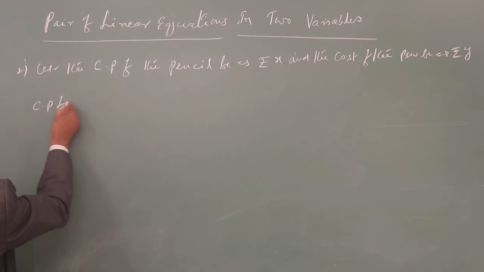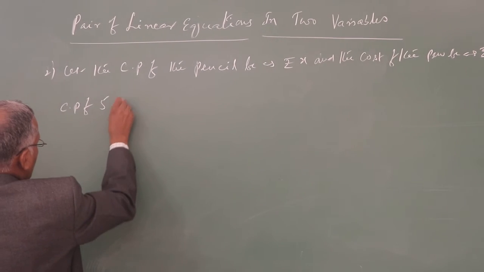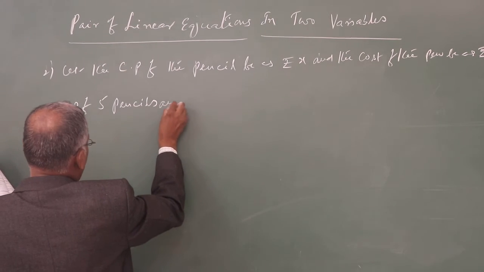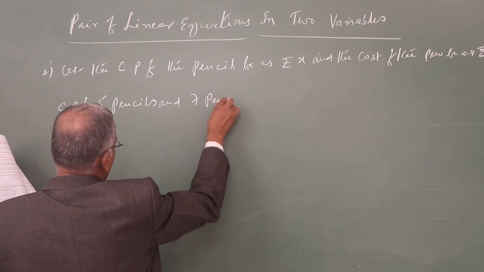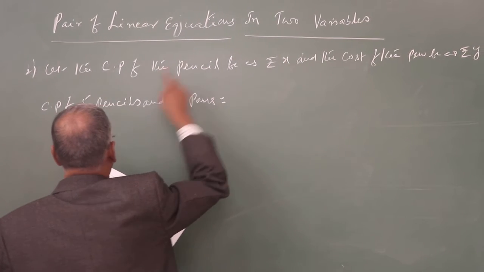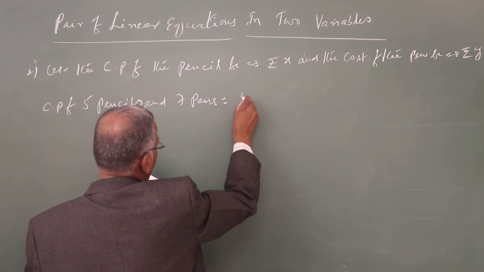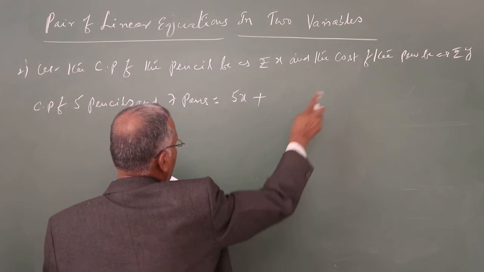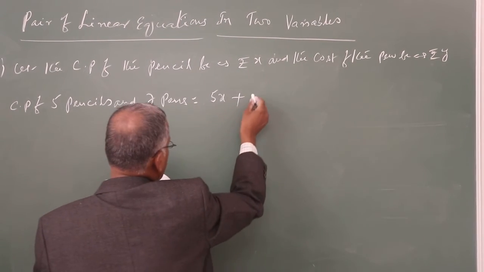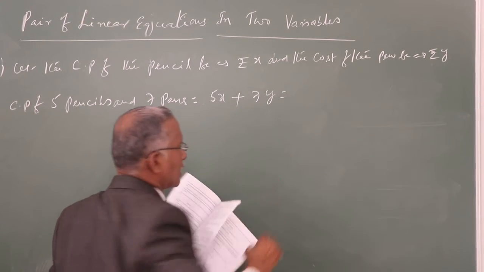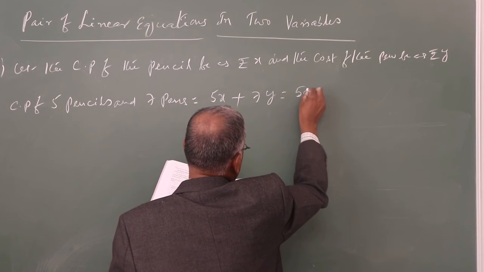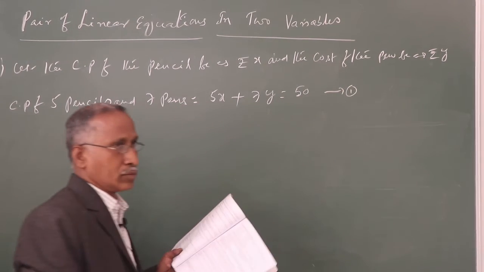The cost of 5 pencils becomes 5X rupees, plus the cost of 7 pens, which is 7Y rupees. According to our assumption, the textbook gives this as 50 rupees. This is one equation.